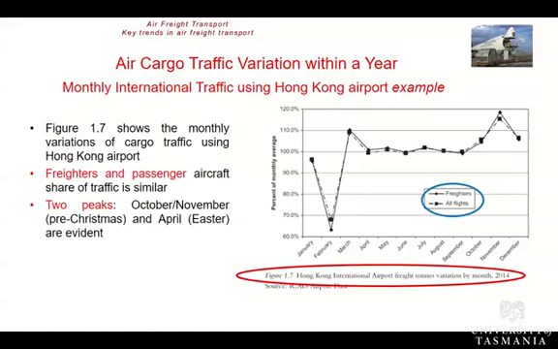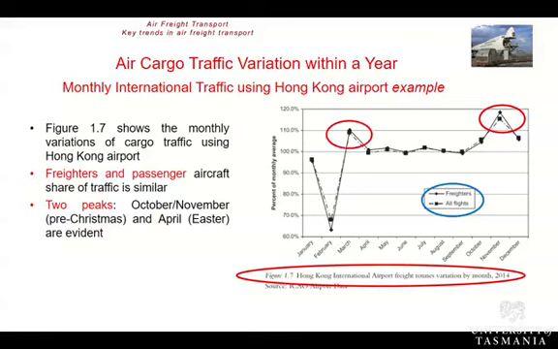But what you can observe are a couple of peaks. The first peak, or the major peak if you like, is in October, November, and that's a pre-Christmas peak of movement through Hong Kong Airport.